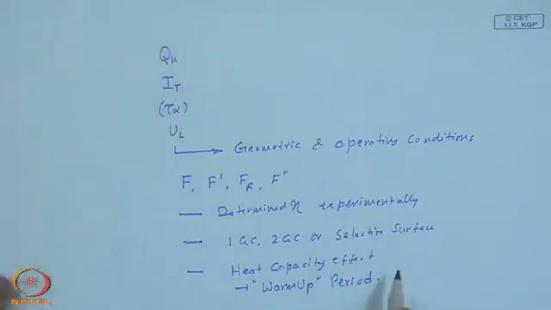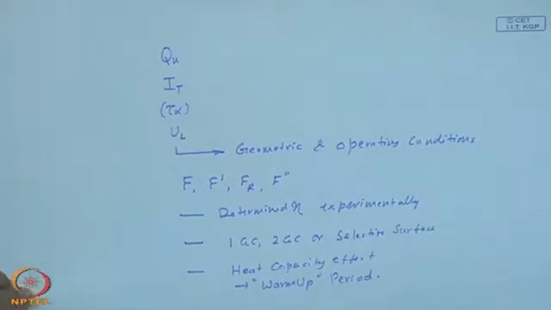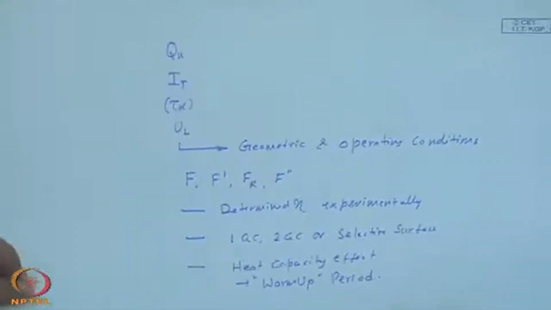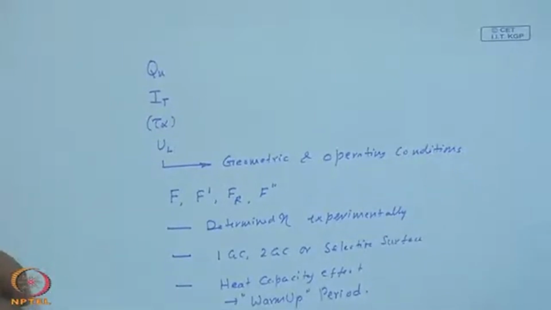In other words, it will tell you the operating time. If you have got a massive solar collector, which will require a lot of energy to reach the temperature required to deliver the energy at the desired temperature, then it may operate for a very less time.